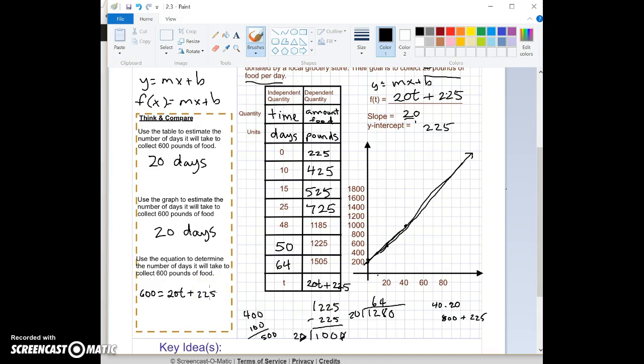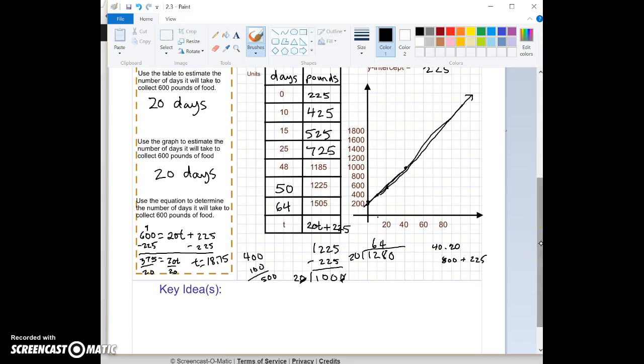And then I just have to solve for t. Subtract 225 from both sides. Well, I went ahead and paused it, and I have t equals 18.75. So not quite 20 days.